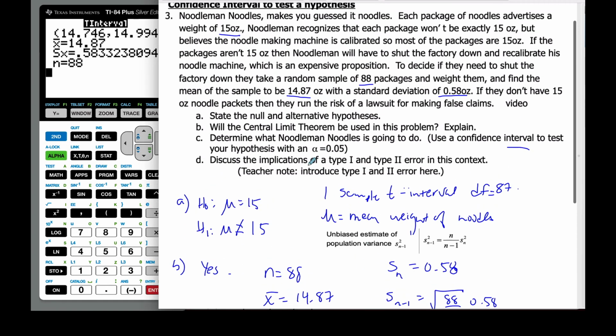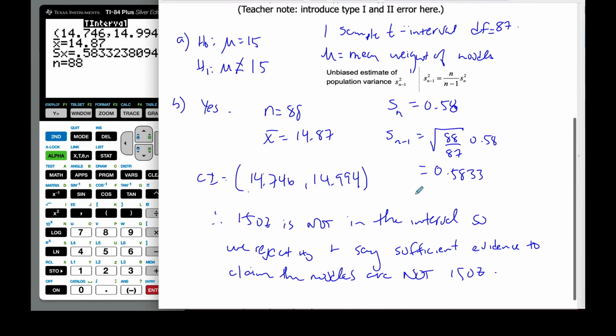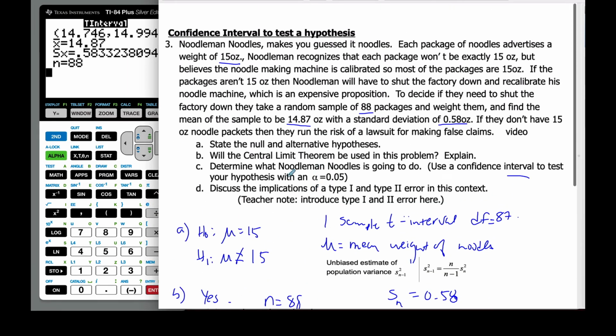Okay, and so we've done a hypothesis test where we've used the confidence interval as opposed to a p-value. We found our unbiased estimate of our standard deviation, we got our numbers, we're good using the central limit theorem, and we have our null and alternative hypotheses.